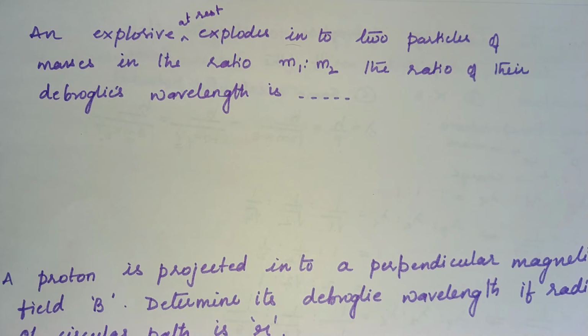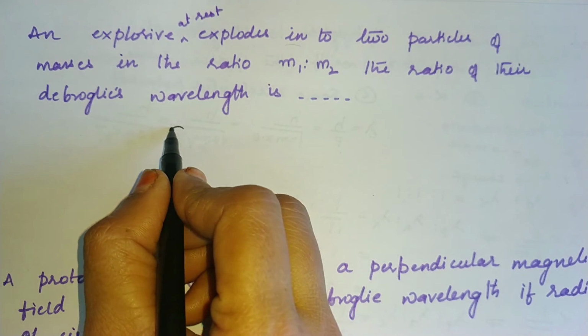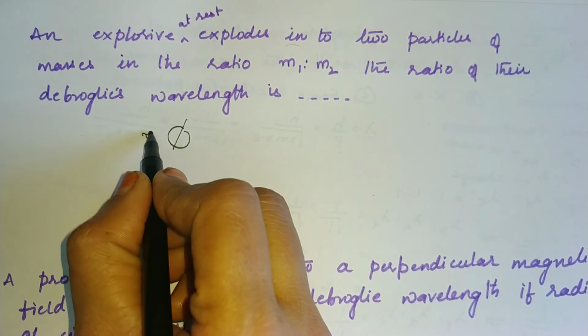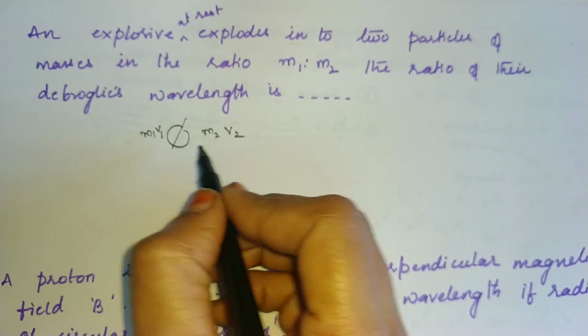Look at this question. An explosive at rest explodes into two particles with masses in the ratio m1 is to m2. What is the ratio of their de Broglie wavelength? We know from conservation of linear momentum, whenever an explosive explodes into two particles m1 and m2, they will have velocities v1 and v2.